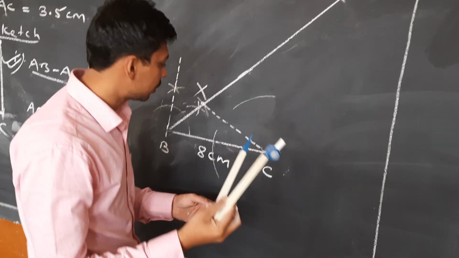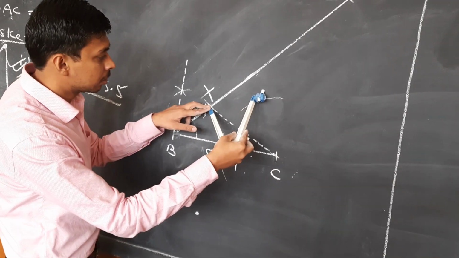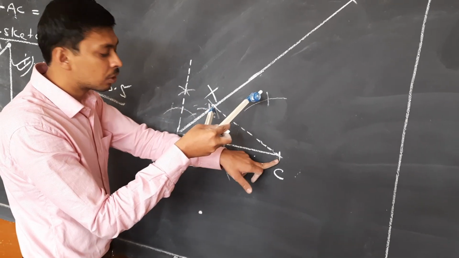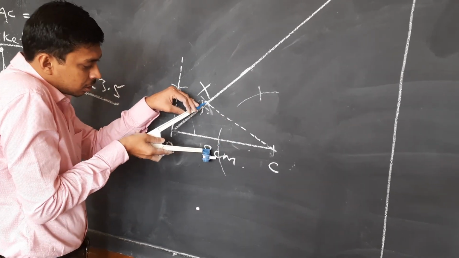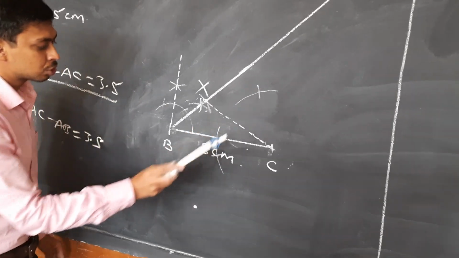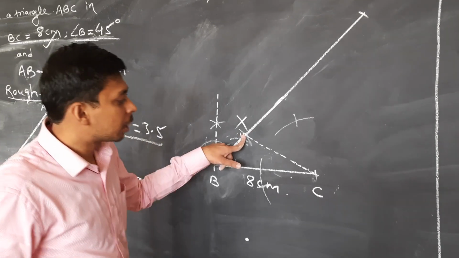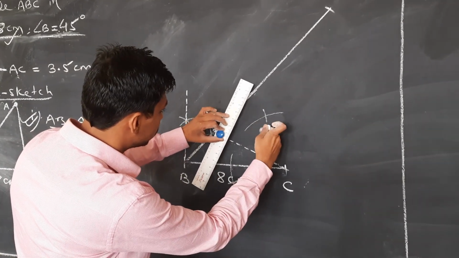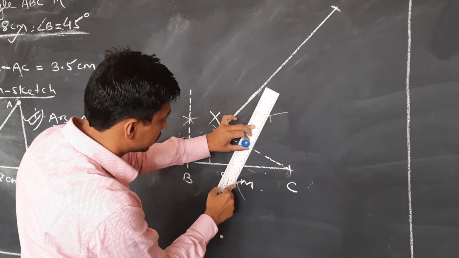Without disturbing it, place it at X. Since we have to take the perpendicular bisector of this line, so one from C, one from X. So what you will see, it will intersect at these 2 points. I have to just join these 2 points in order to get the perpendicular bisector of this CX. So I will join this with this.